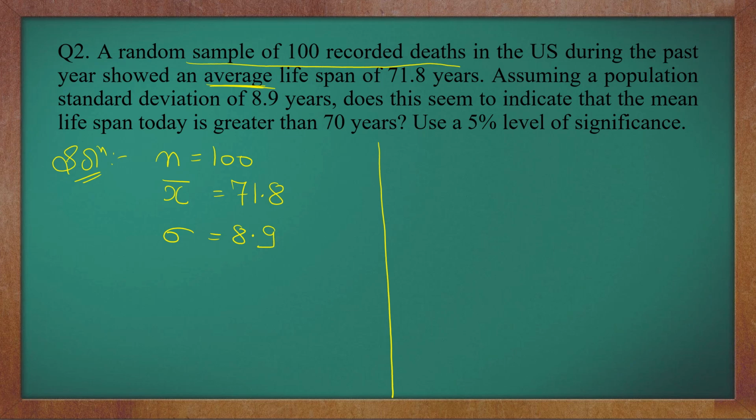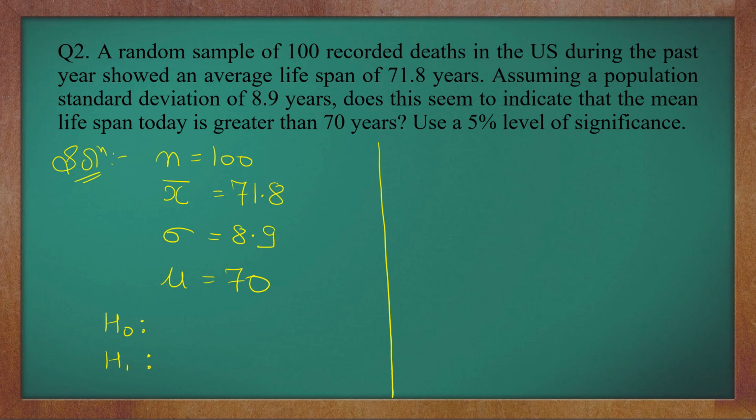Does this seem to indicate that the mean lifespan today is greater? Keep in mind, we are getting the word greater now. Greater than 70 years, so the mean is 70. These things are given to me. Now understand the meaning of the question, what they are asking, because we have to take the null hypothesis as well as the alternative.